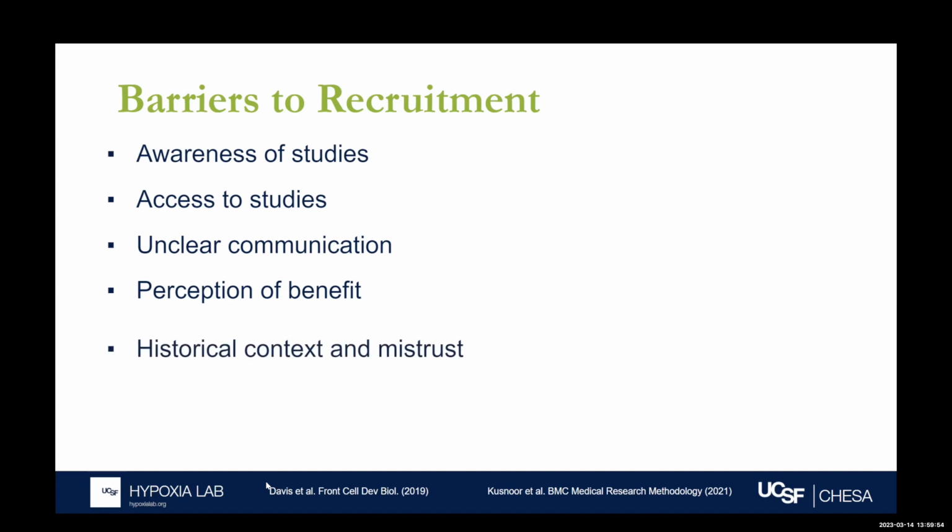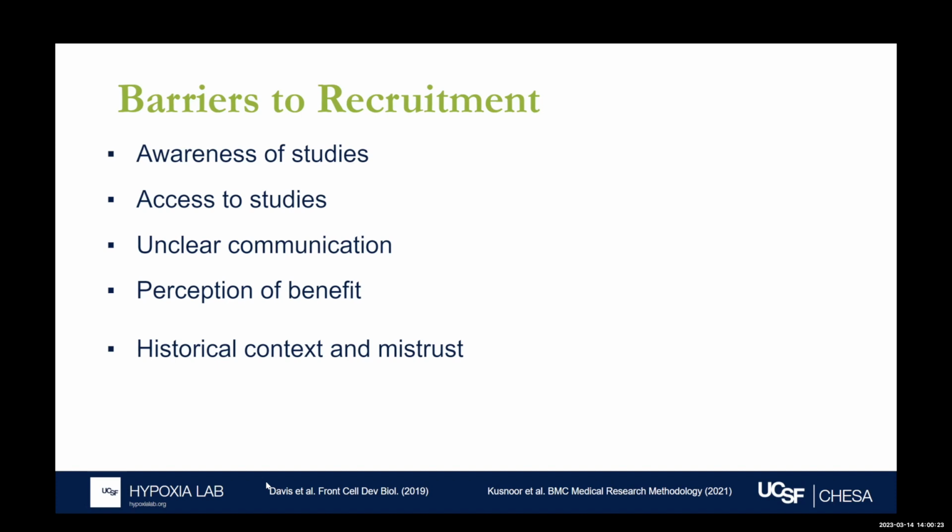And then it's very important for us to always mention the historical context and potential mistrust. While people may not have personal prior negative experience, there may be mistrust within the community secondary to the historical context. The examples that come up repeatedly, of course, are the Tuskegee experiments and experiments that took place within the field of OBGYN.